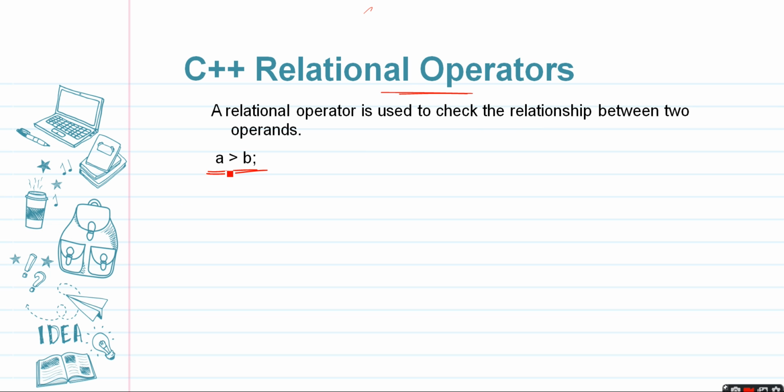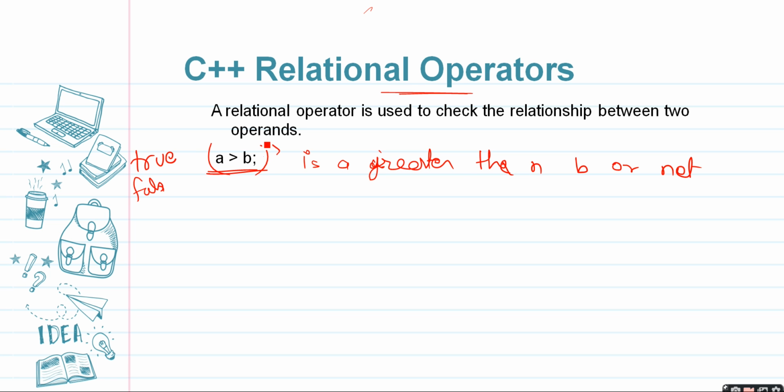So A is greater than B. We are testing a condition here, whether A is greater than B or not. If it is greater than B, then it is going to return true. If it is not, then it is going to return false. So all this is termed as an expression.